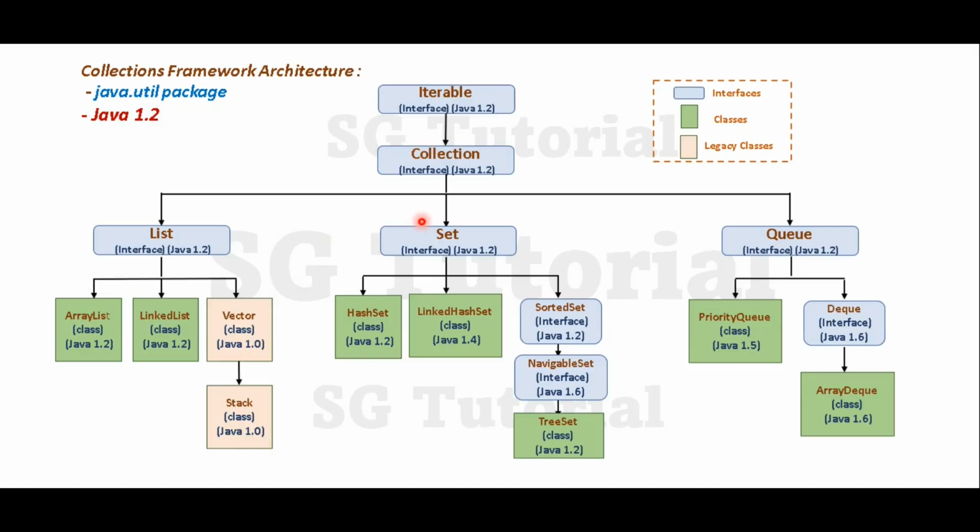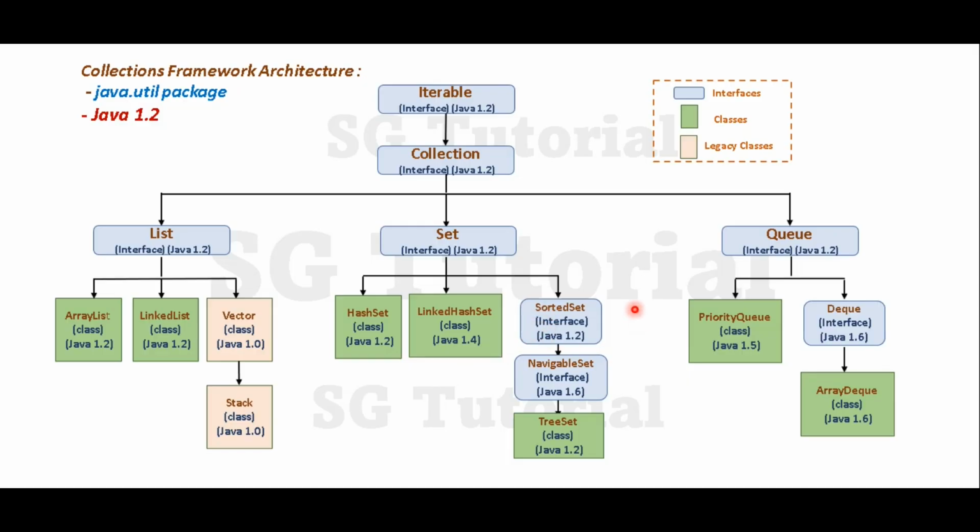And the second child of Collection is the Set interface. It was also introduced in Java 1.2, and its implementation classes are HashSet and LinkedHashSet. HashSet was introduced in Java 1.2, but LinkedHashSet was introduced in Java 1.4.